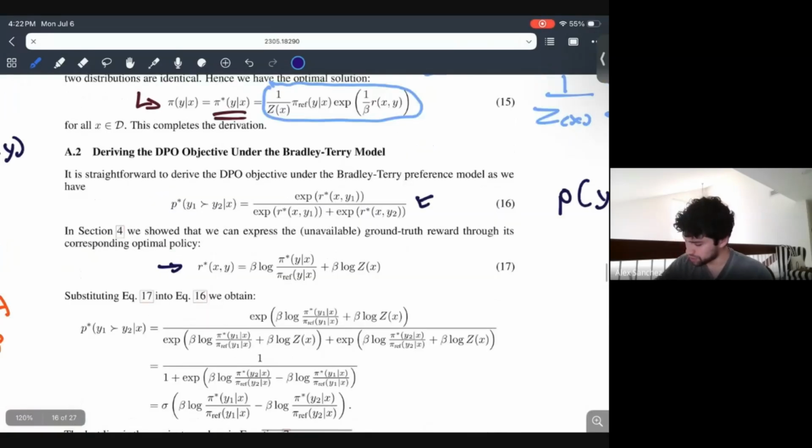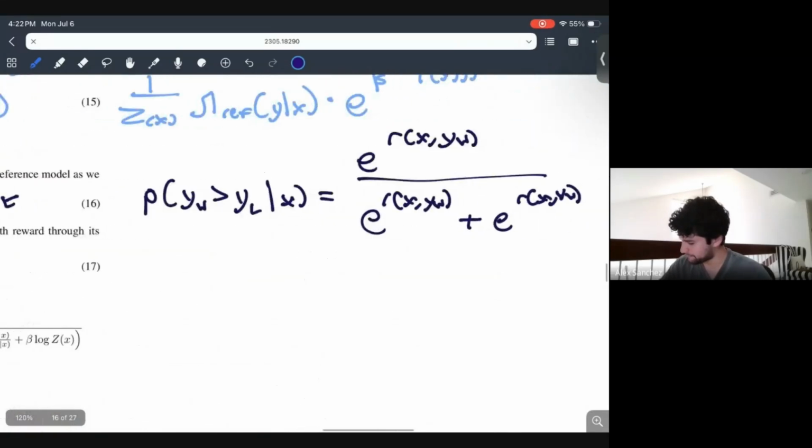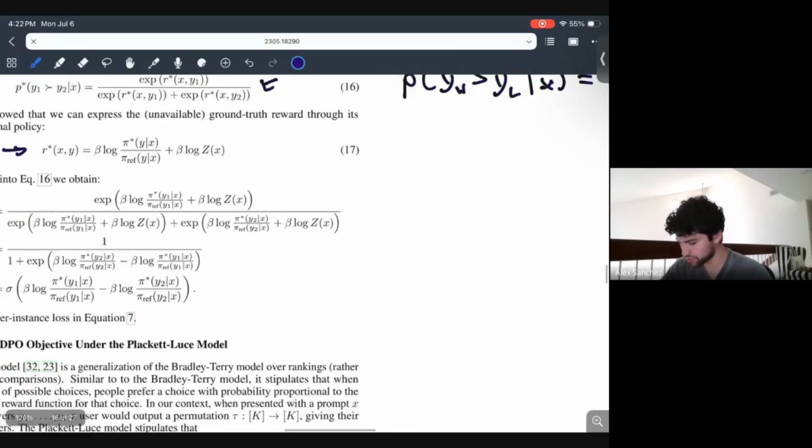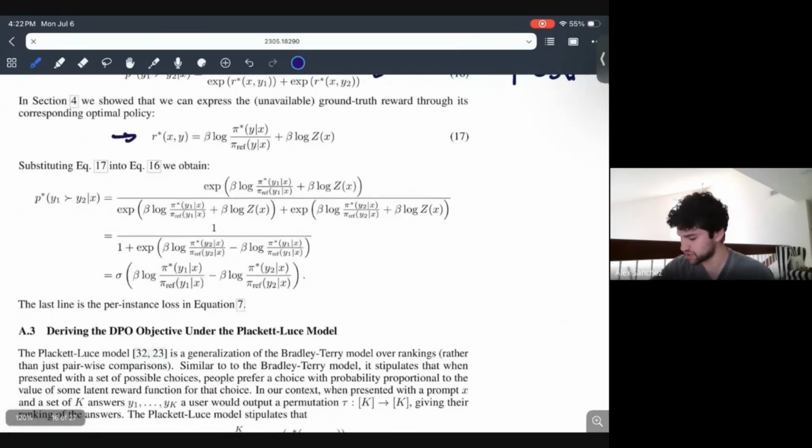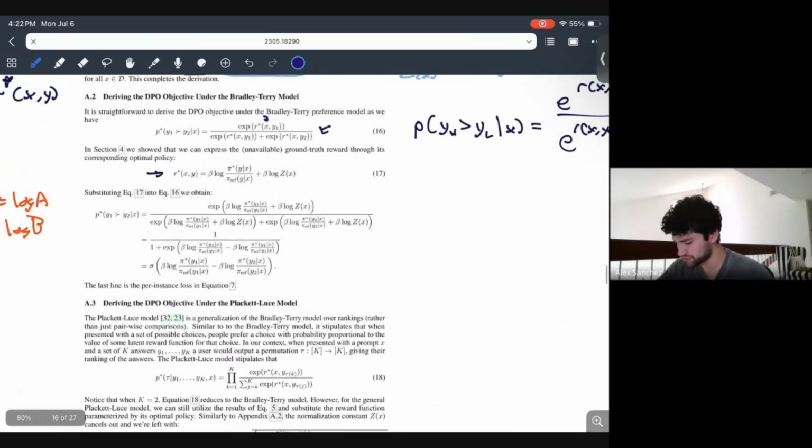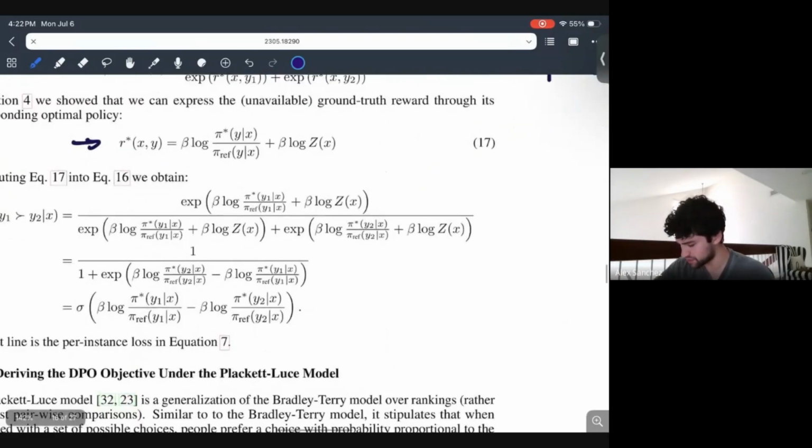And so remember this here, right? But now that we have our optimal reward, all we do is substitution, right? And so we have these substituted.